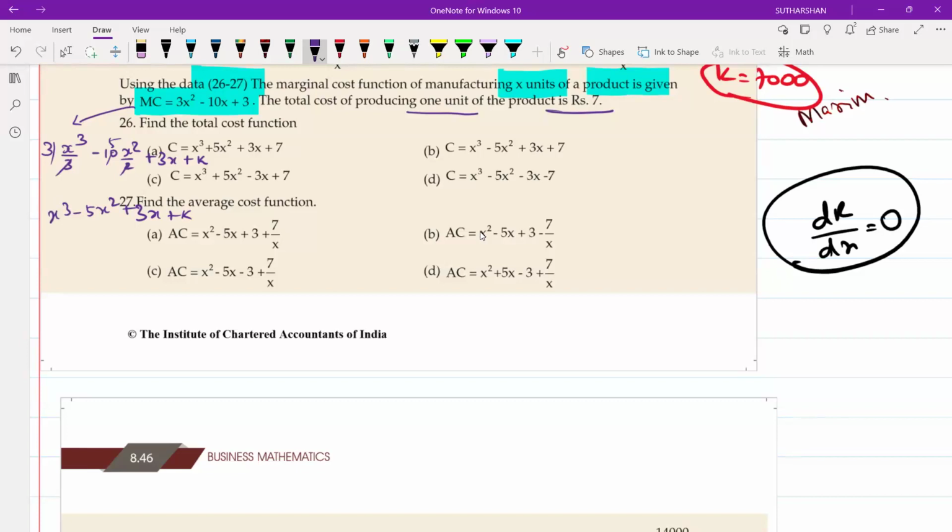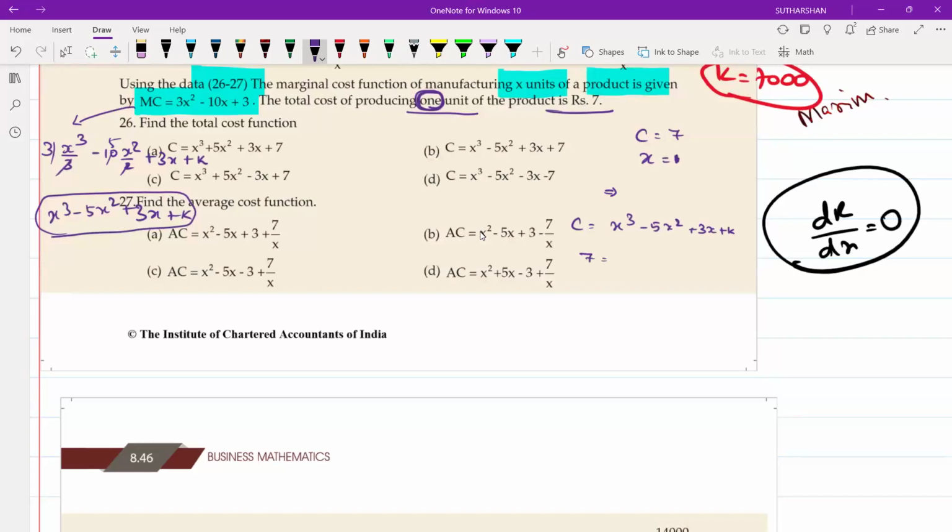This is what they have given, right? So to find k, you will put c is equal to 7, x is equal to 1, as they have given. You will check what answer is coming. So c is equal to x cube minus 5x square plus 3x plus k. So c is equal to 7.